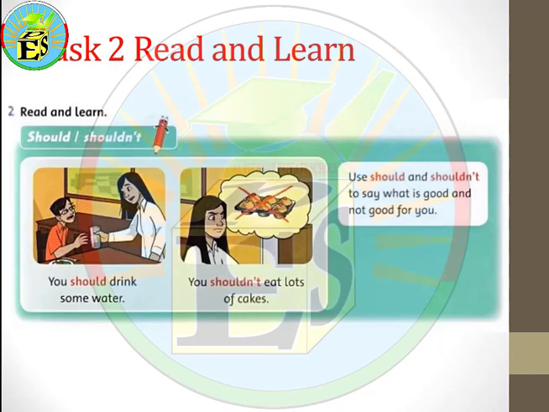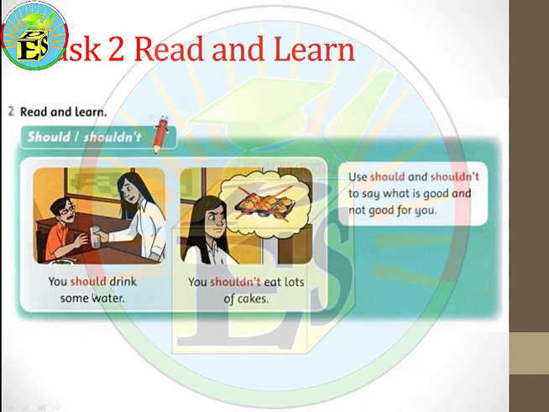Now we will start with task number 2 because task number 1 is listen and act. So we won't be able to do this. So we're moving to task number 2, which is read and learn. I want you to look at the first picture. The mom is telling what to Max? She's saying to him that you should drink some water.